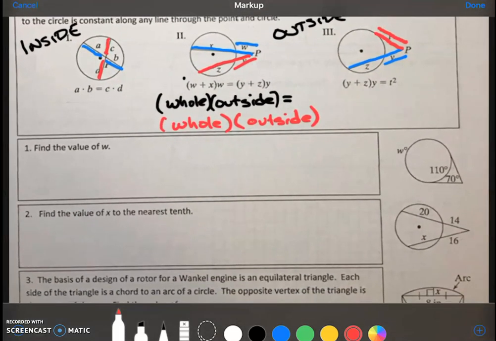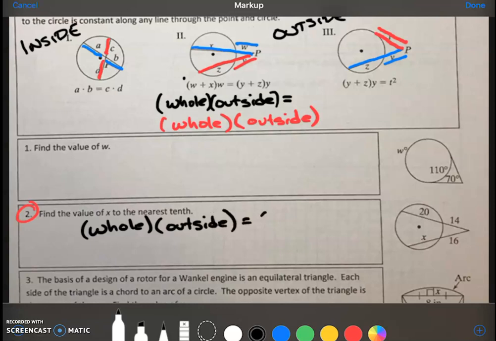Okay, let's see if we got one problem here. We're going to do problem number 2. We have 2 secant lines intercepting the circle. It is hitting it on the outside, not inside. So to solve this, it's the whole line times the outside portion is equal to the whole line times the outside portion.